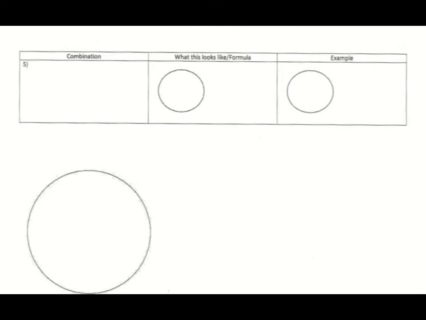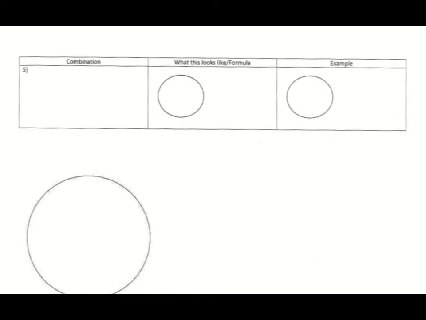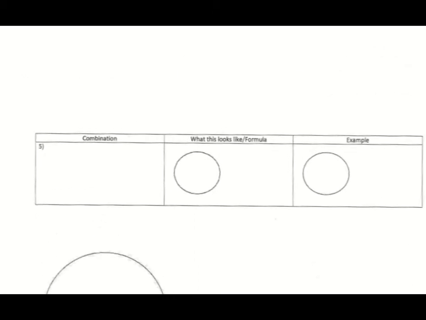Our last combination is tangent radius. And with our tangent radius, we have our tangent to a circle is perpendicular.